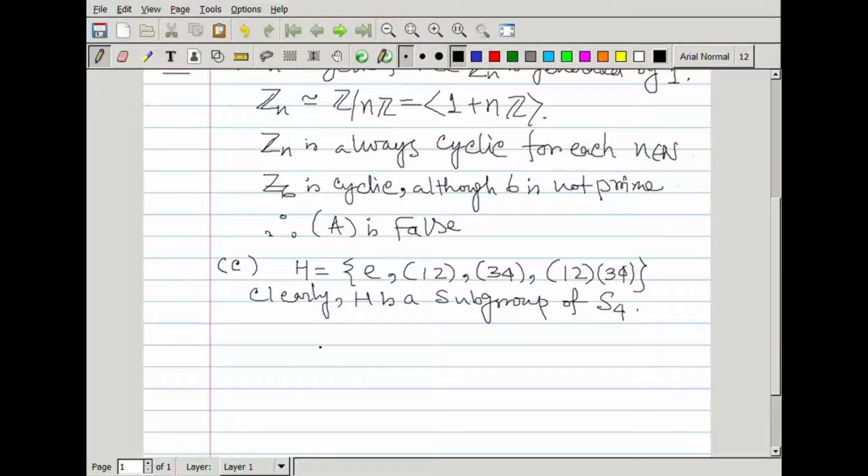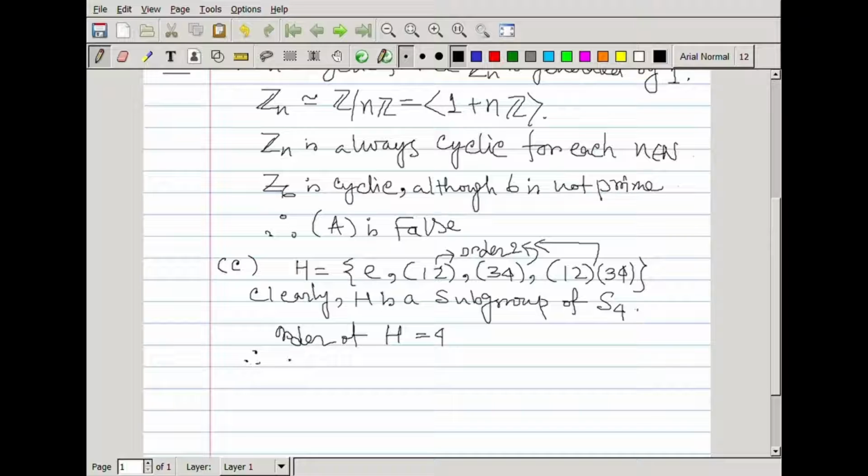and order of H is 4. This element has order 2. This element also has order 2, and also this element also has order 2.